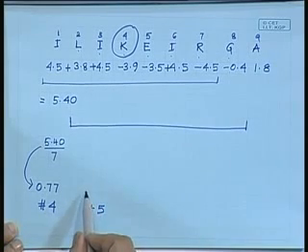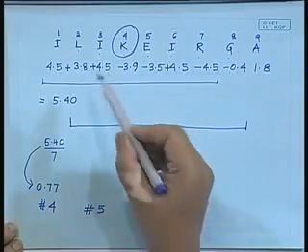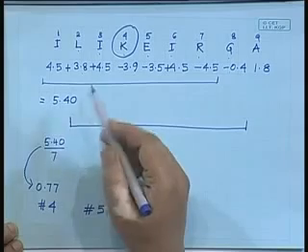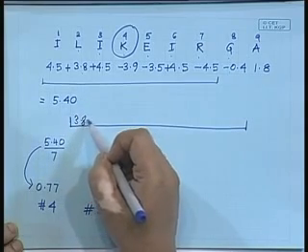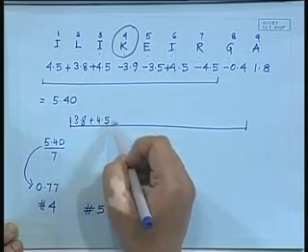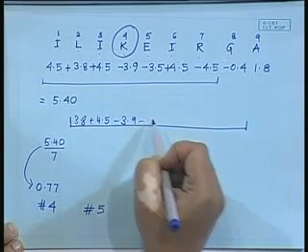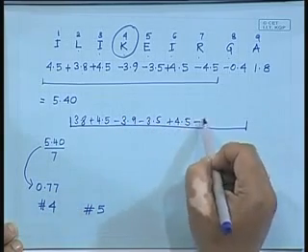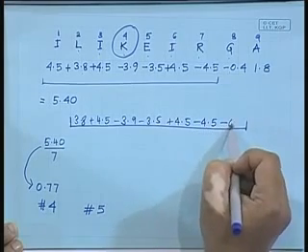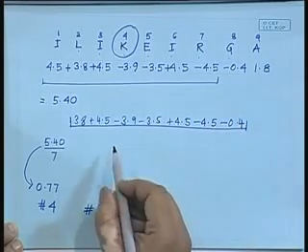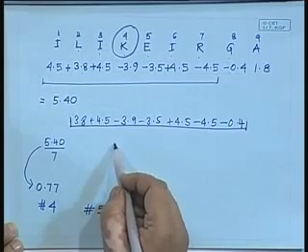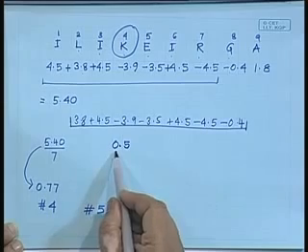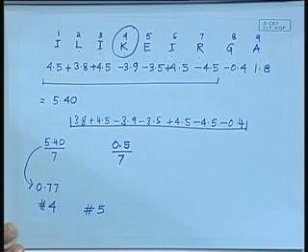If I add all these values together from 2, that is 3.8 plus 4.5 minus 3.9 minus 3.5 plus 4.5 minus 4.5 minus 0.4, I am going to get 0. Then I divide by 7.